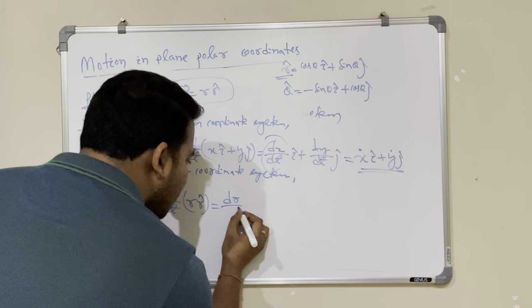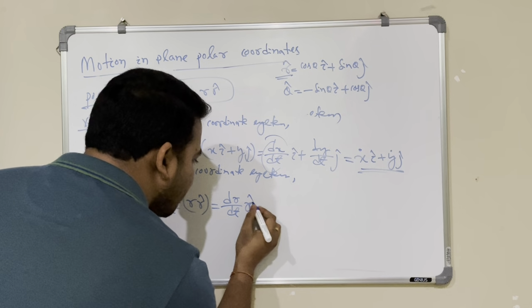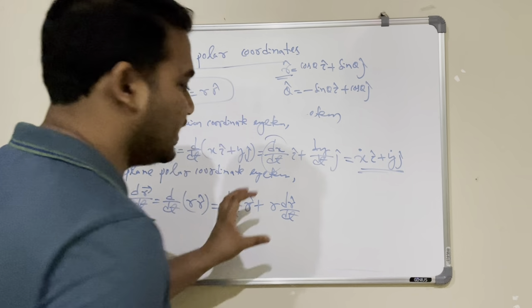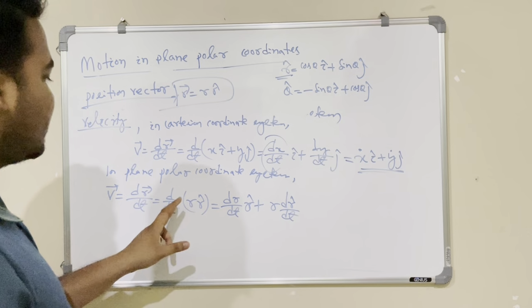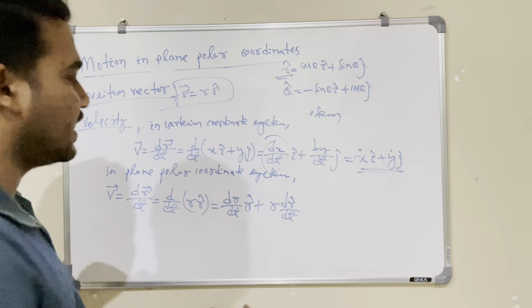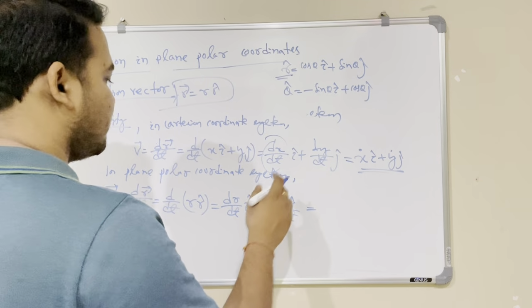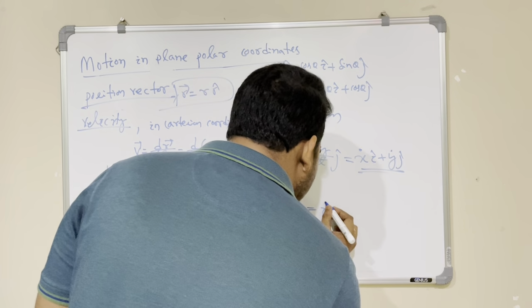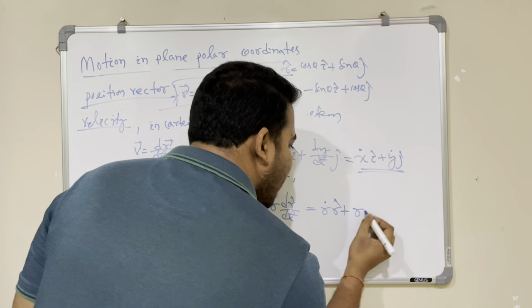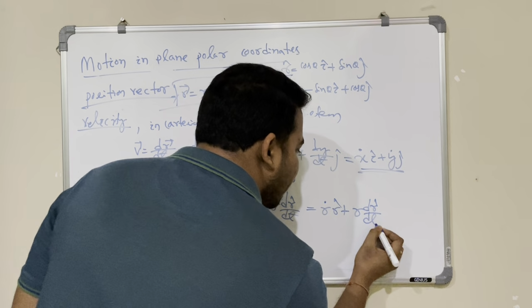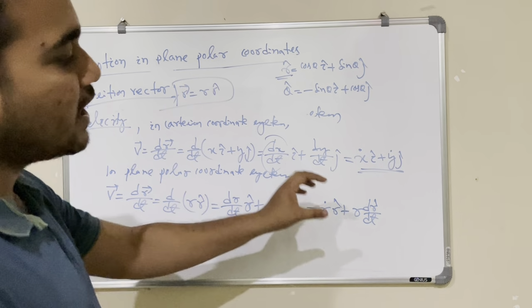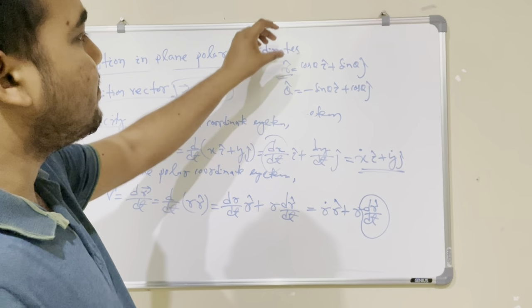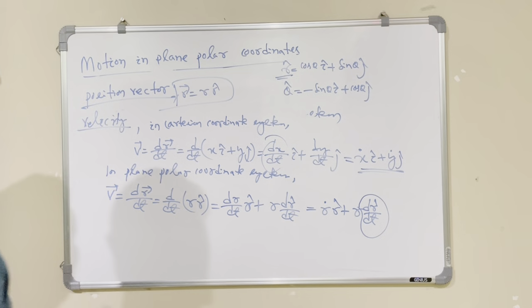So this is dr by dt r cap plus r d r cap by dt. Similarly, we can write dr by dt as r dot. So this is r dot r cap plus r d r cap by dt. So we have to calculate this d r cap by dt.